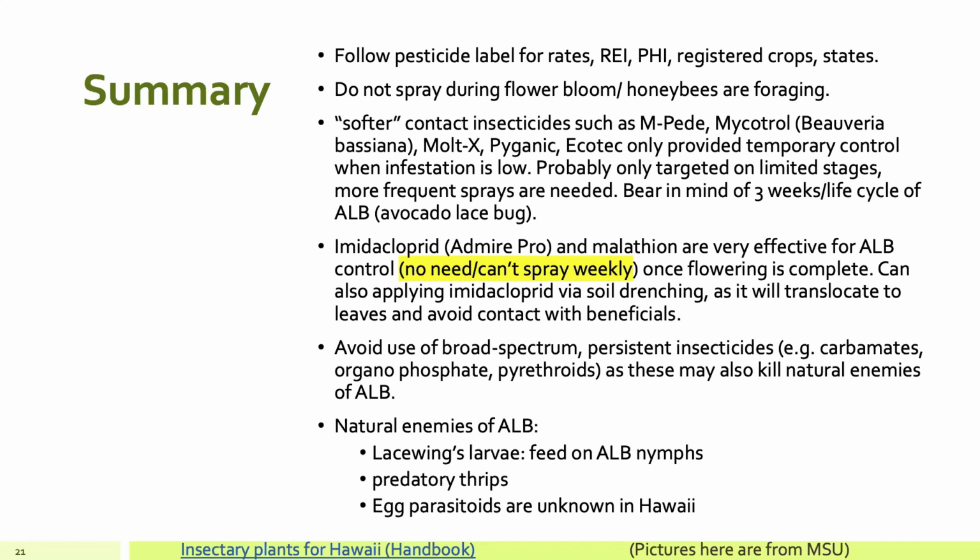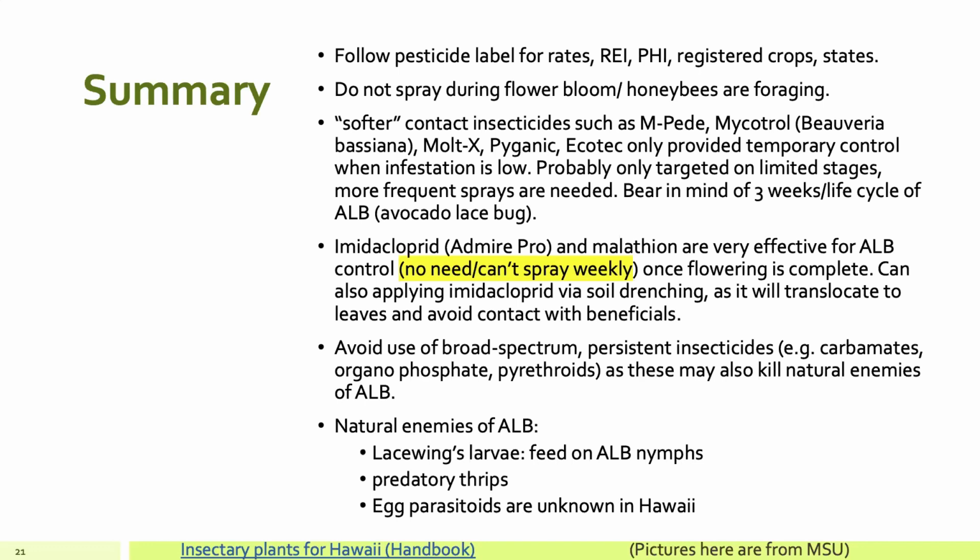So if you can do it as a soil drench, it might be easier. I think some of the UC, University of California, information suggested it can go up to 17 to 24 weeks of control. I've been trying to treat some of the trees now with a soil drench application to see if it actually goes out that far for some of our heavily infested trees.